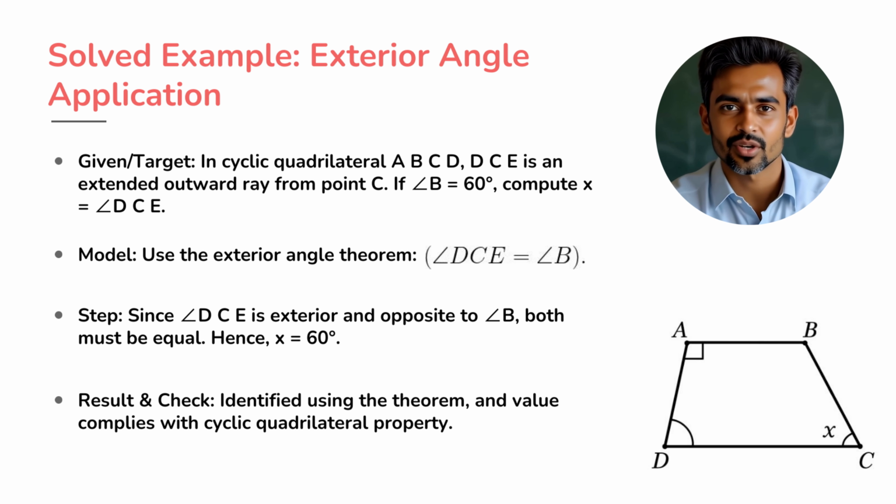Simple and straightforward. This confirms that our theorem works perfectly in practice. Picture the quadrilateral ABCD, the extended side CE from vertex C, and the angles X and B clearly marked. Excellent beta. Now you have two powerful tools. Opposite angles supplementary and exterior angle equals opposite interior angle.